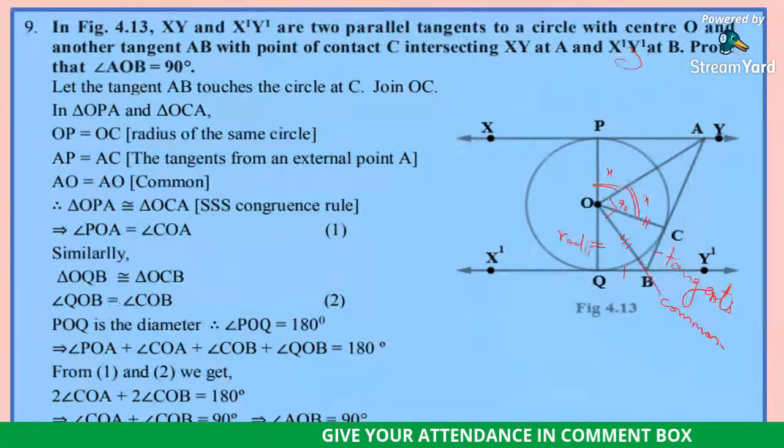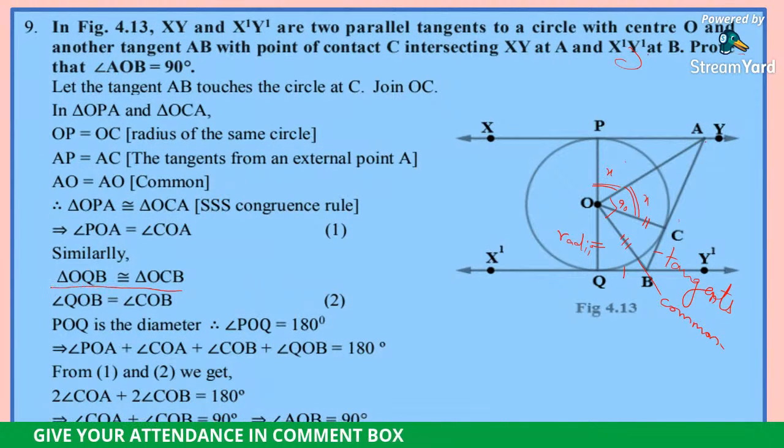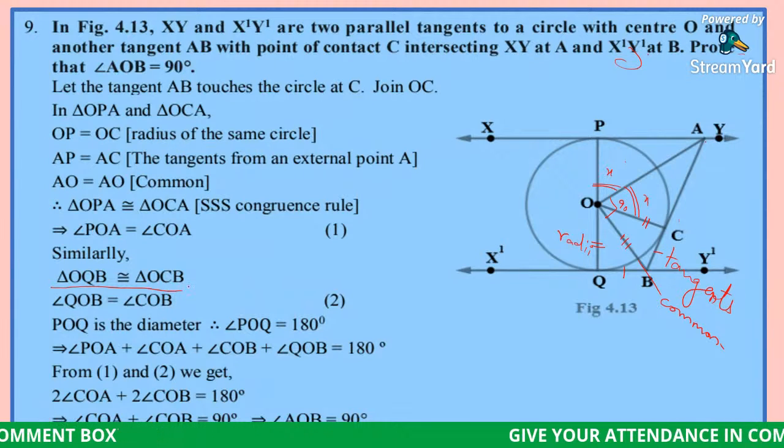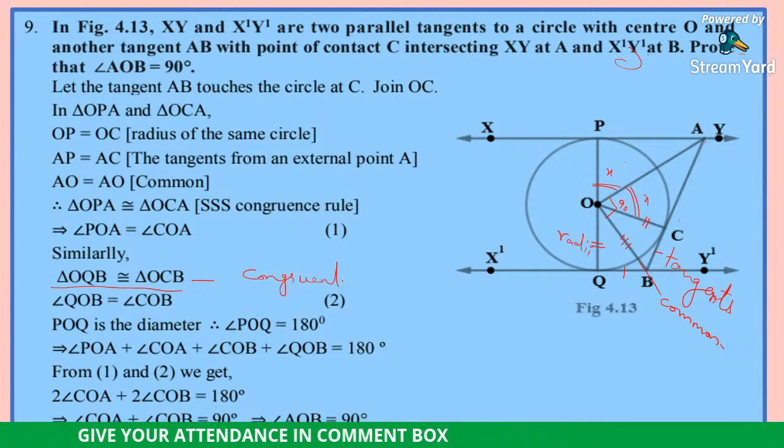Again we are using SSS congruency. Because of SSS congruency, you can write triangle OQB is congruent to OCB. Once you prove that they are congruent, then definitely they are going to be similar.